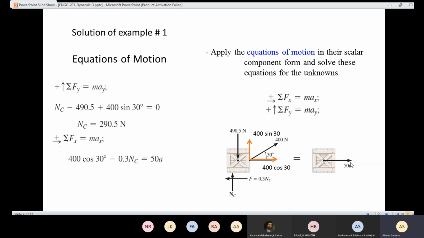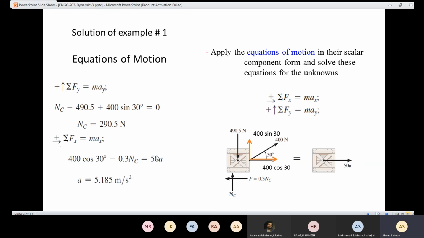And here I have the inertial force, which is positive. In that equation, the forces here should equal the forces there, and this one should be positive 50. We assume the direction is there. If the answer came out to be negative, that means the acceleration is slowing down, not speeding up.